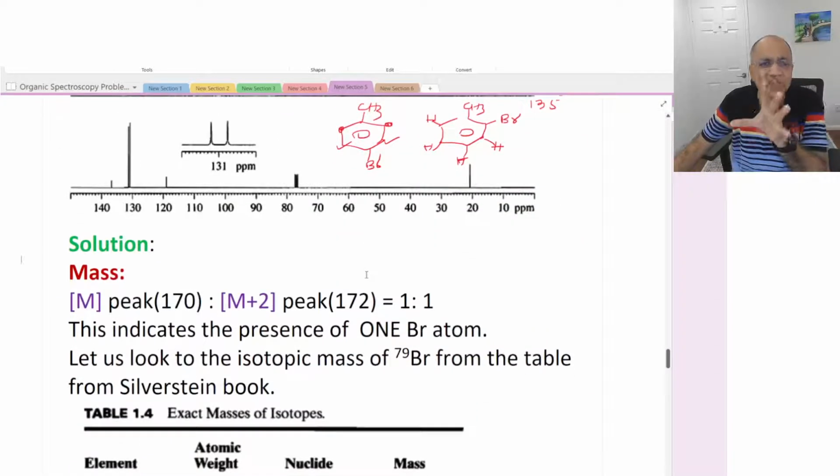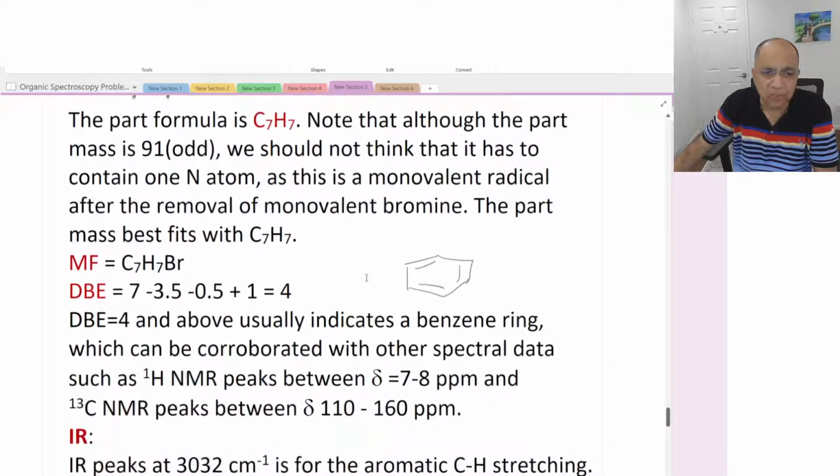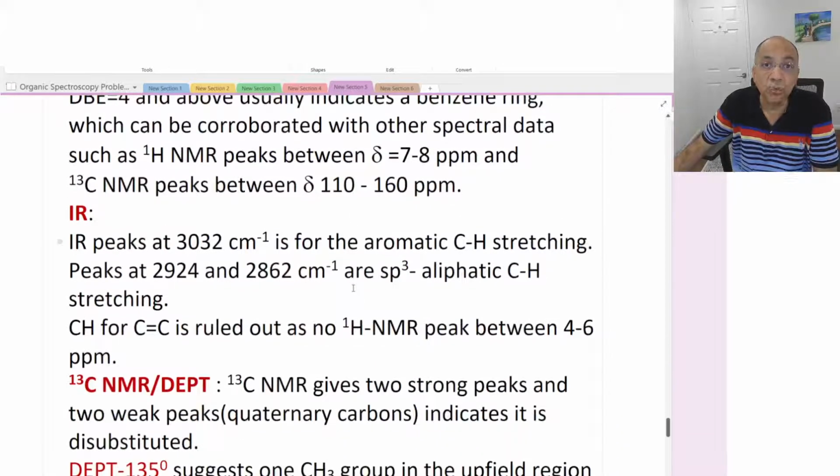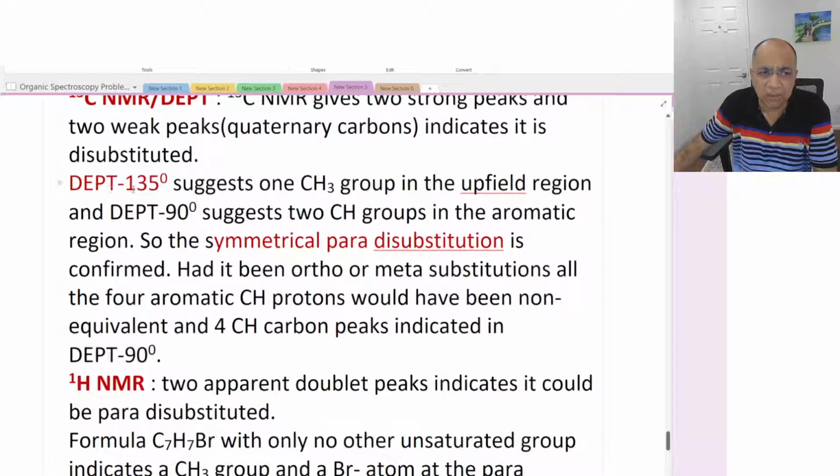So everything now fits in and gives the structure to be para-bromotoluene, or more correctly, 1-bromo-4-methylbenzene. So I have already told you DEPT-135 suggests one CH3 group in the upfield region. DEPT-90 suggests two methine groups in the aromatic region. So the symmetrical para-disubstitution is confirmed.